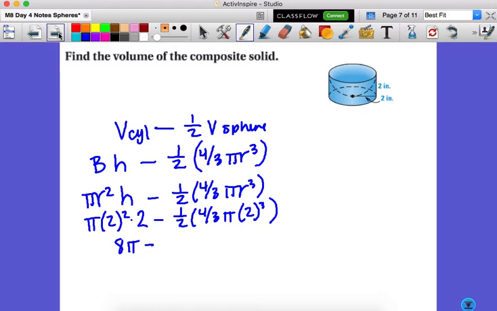Half of 4/3 times 2 cubed gives me 5 1/3 pi. So if I take 8 minus 5 1/3, that's going to leave me with 2 2/3 pi.